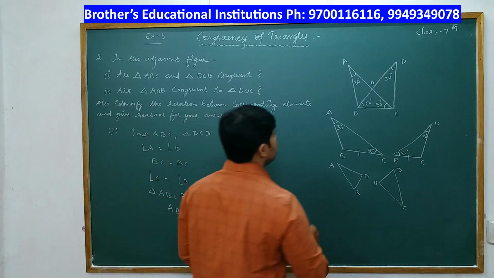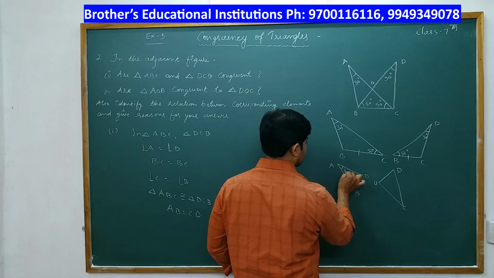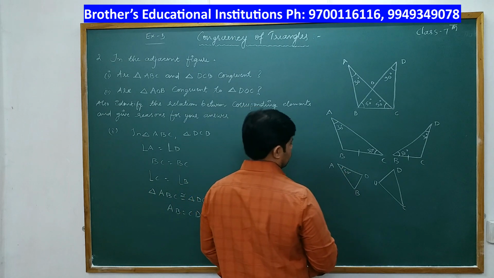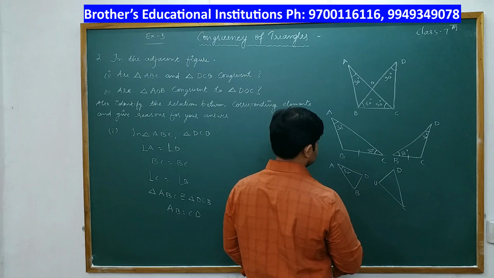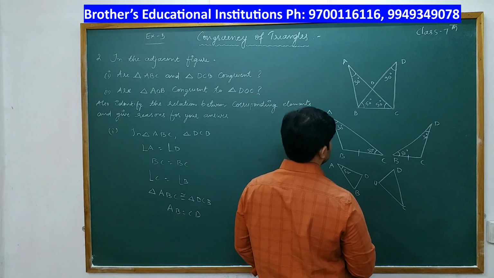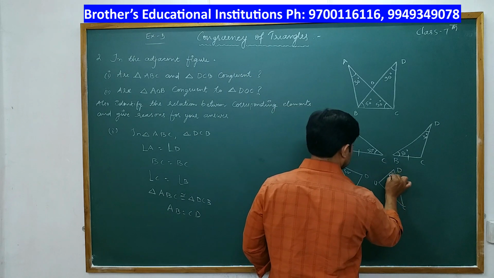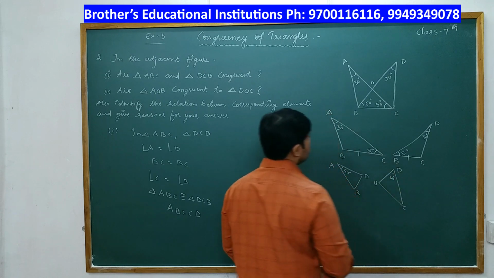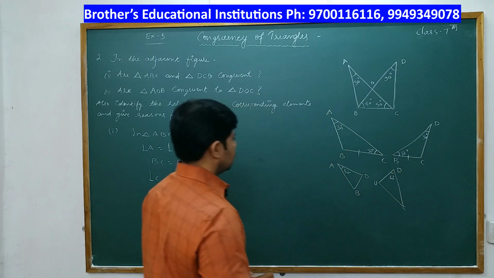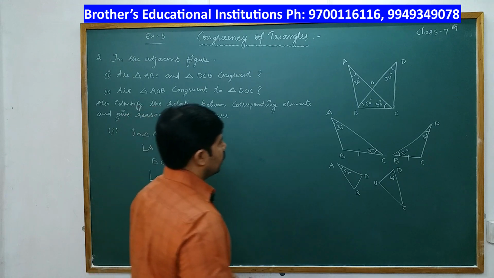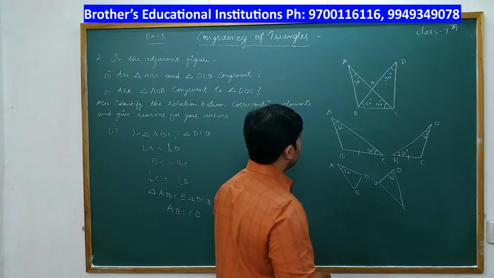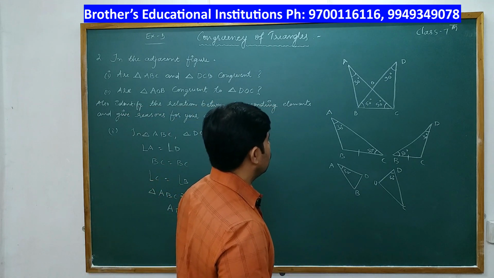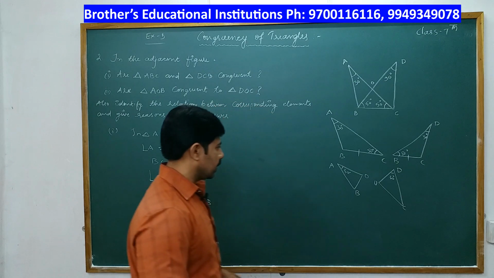So in AOB we have A as 30 degrees and we don't know what B is here, and in DOC we know angle D as 30 degrees, right? Then angle O and angle O are equal because they are vertically opposite angles.